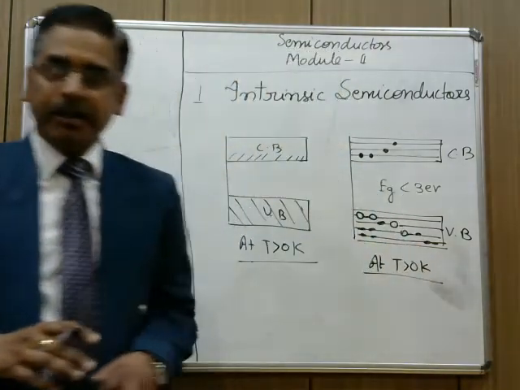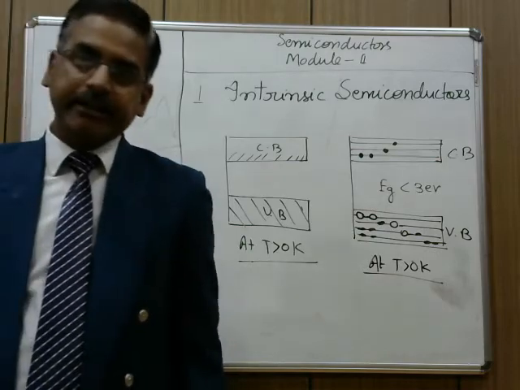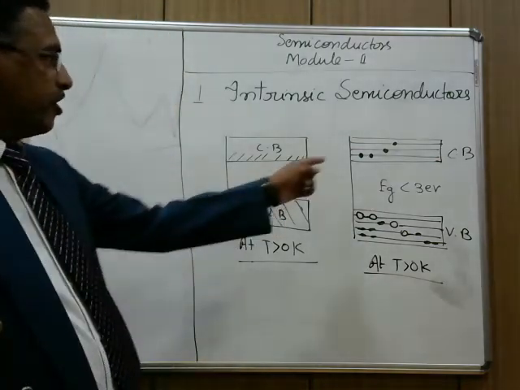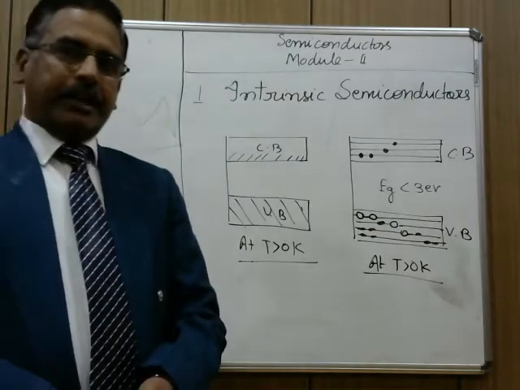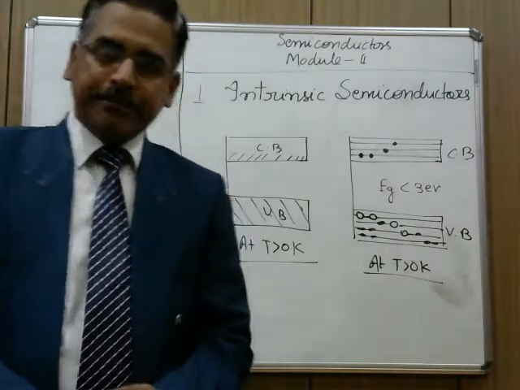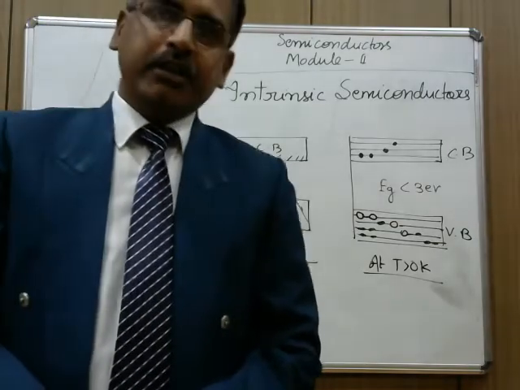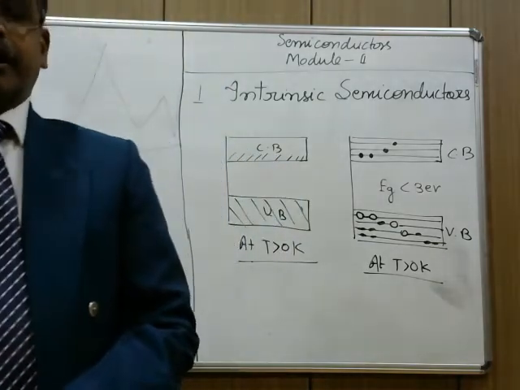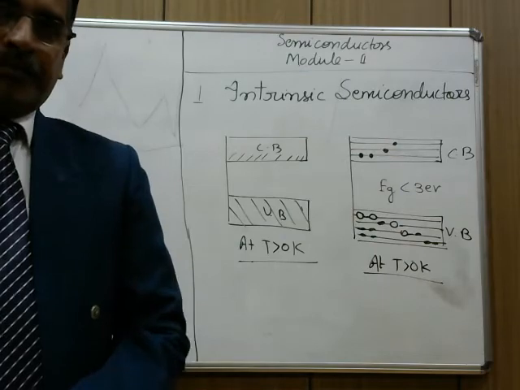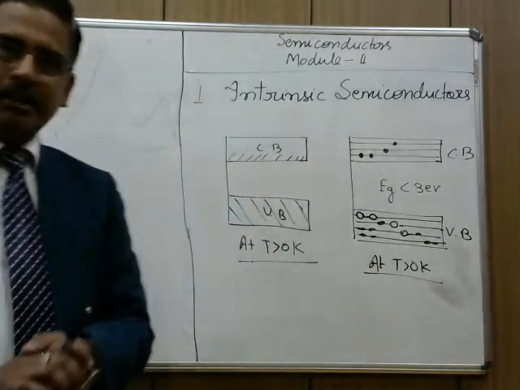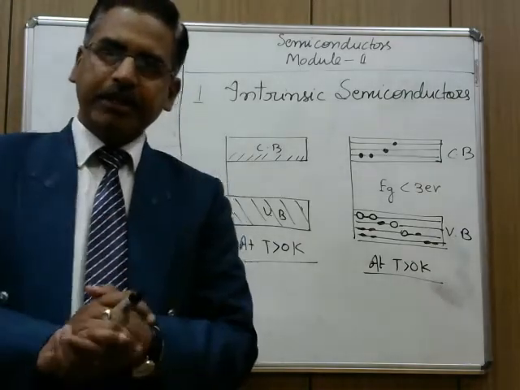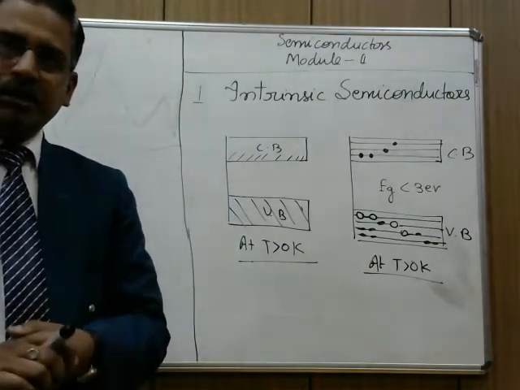And since electrons are now available in the conduction band at temperature greater than 0 Kelvin, this gives rise to conductivity, and therefore the conductivity of a semiconductor lies between that of insulators and conductors. Again, two things. In intrinsic semiconductors, at absolute zero temperature they behave like an insulator.